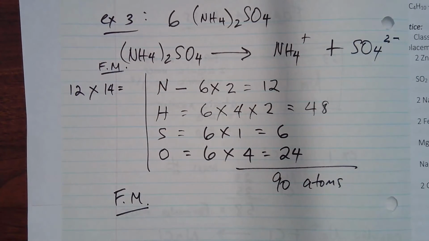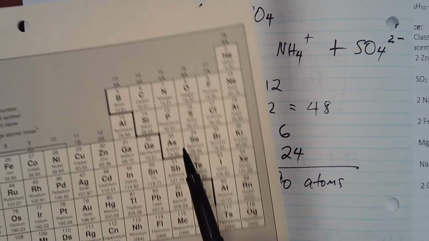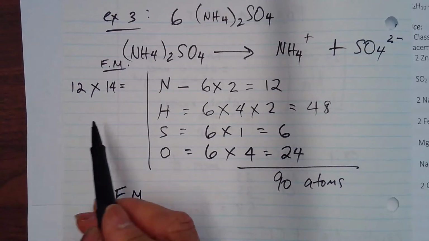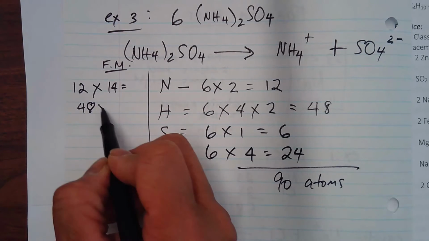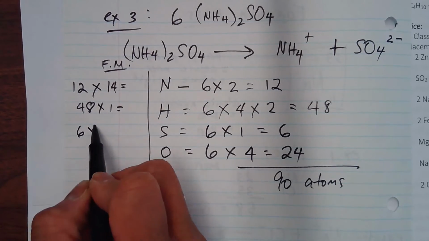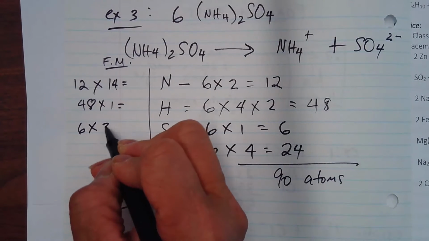You can use a calculator if you'd like. This is a big molecule. Where did you get 14 from? 14, yeah, from the periodic table. Mass number, remember? Okay, so hydrogen, you have 48 atoms times 1, that's the easy one. And then sulfur, you have 6 times, sulfur is 32.